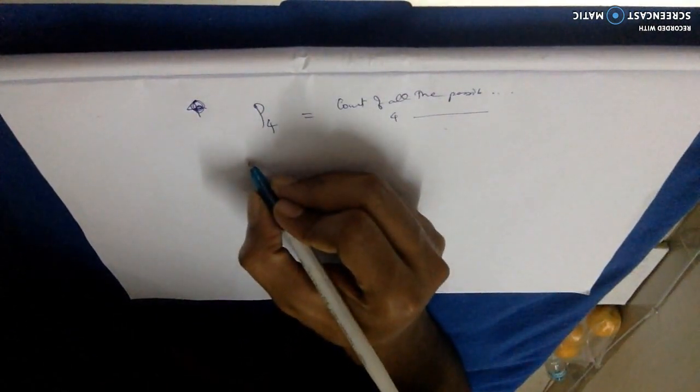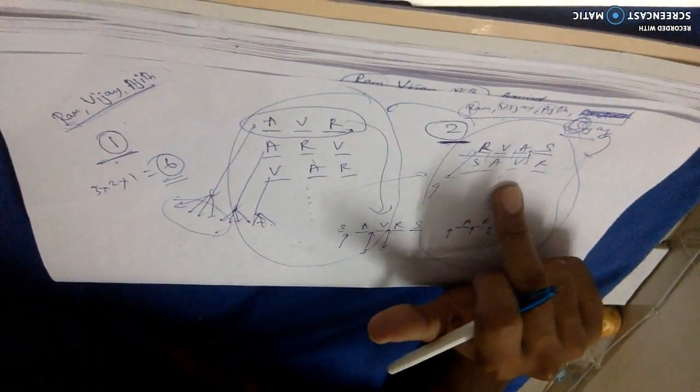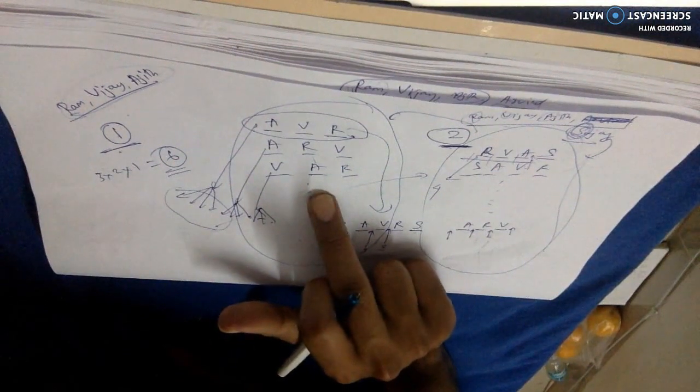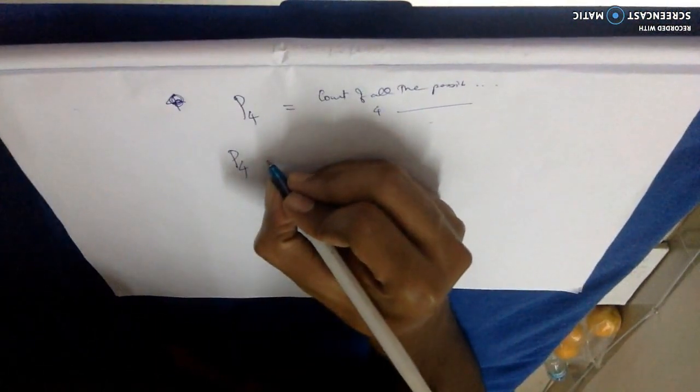So P4 is this problem, and P3 is this problem, because we want to shuffle 3 things here. And according to us, P3 we magically found out to be 6.